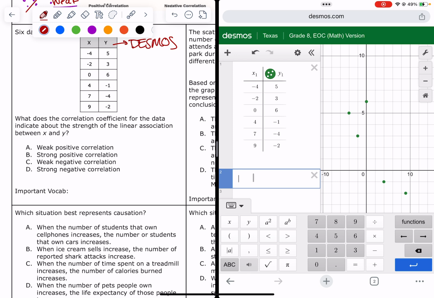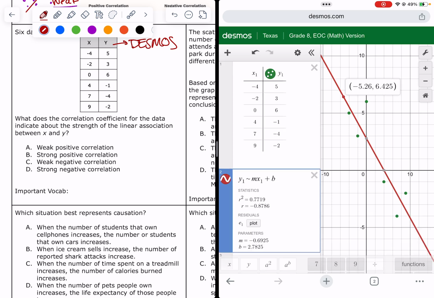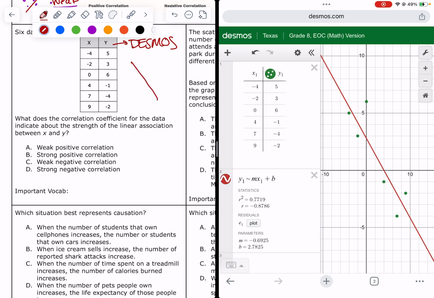Now I need to type in the y1 squiggly mx1 plus b. For correlation, you're always going to have the y1 squiggly. Now this line, if we go from left to right, it is a negative. It's going down. So I know my answer needs negative, okay? So when I look for my answer, I know I'm looking for negative.